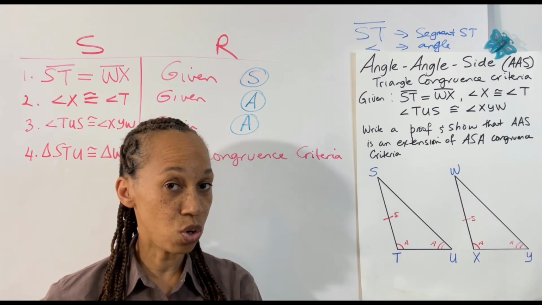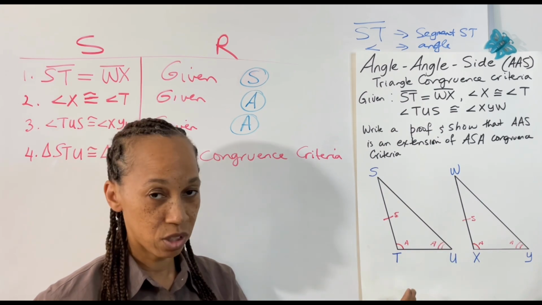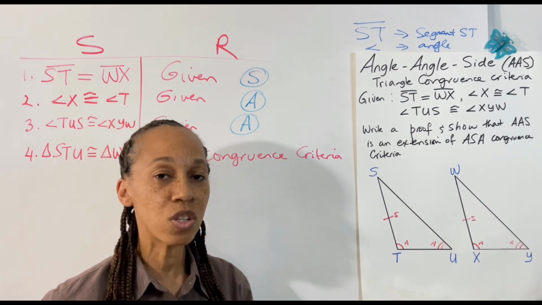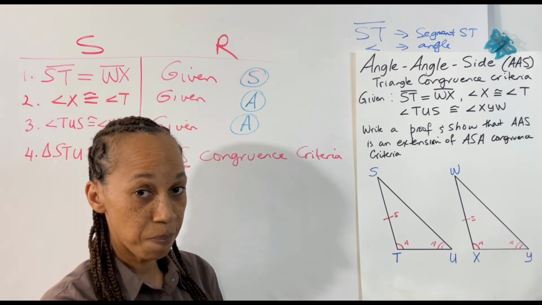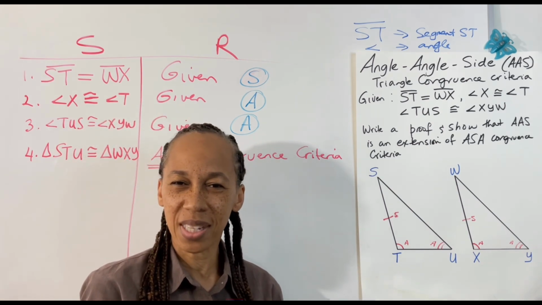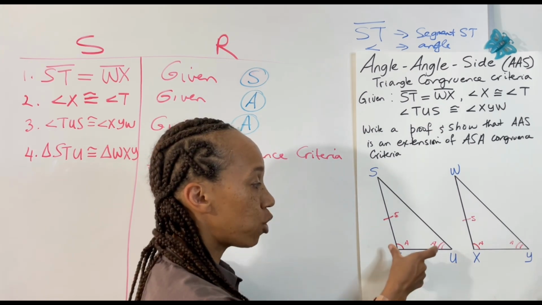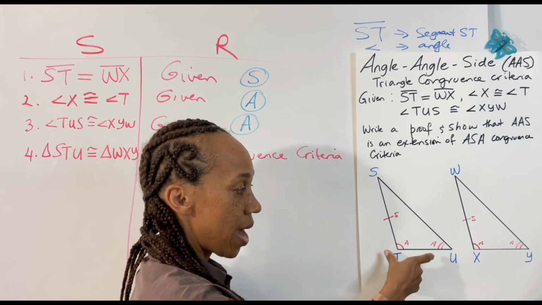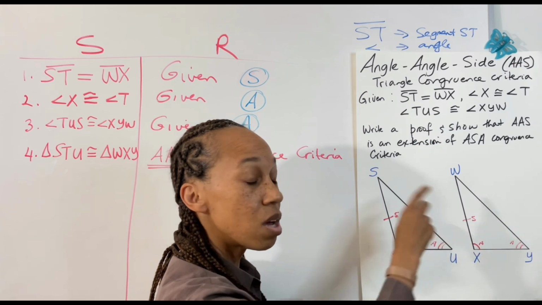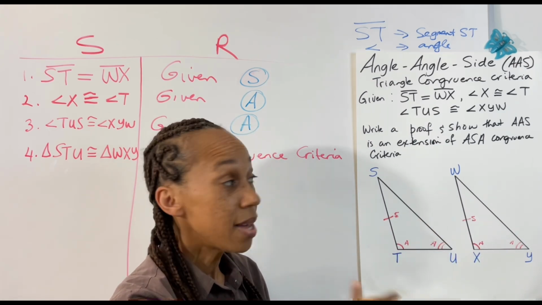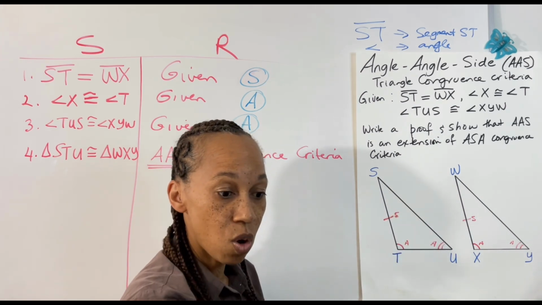But one thing you should note on this example is that if 2 angles are congruent in a triangle, then wouldn't it be obvious that the third angle is going to be congruent? Yeah. So if you have 2 angles in a triangle that are congruent to another pair of angles in the other triangle, then yes, the third angle is going to be congruent also.